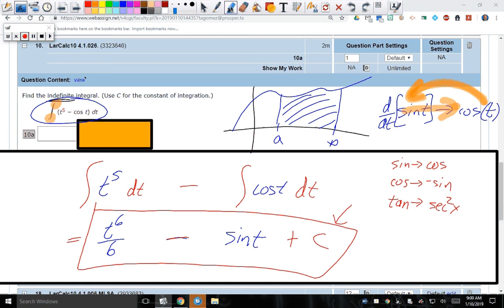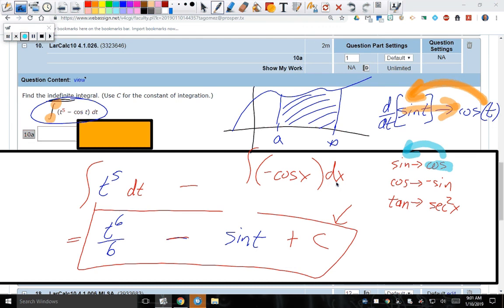Okay, so check this out. This is a good question, good timing. If I'm taking the antiderivative of cosine, what would it be? Sine. But, and his question is looming around this fact, what if I took the antiderivative of a negative cosine? Okay? If I'm taking this, what do you think the antiderivative is? Negative sine.